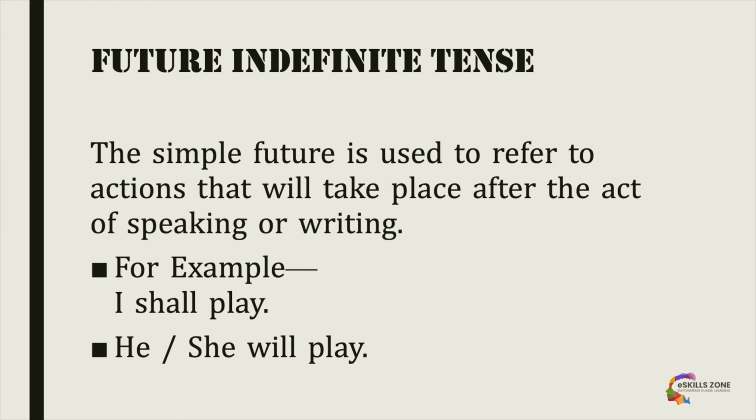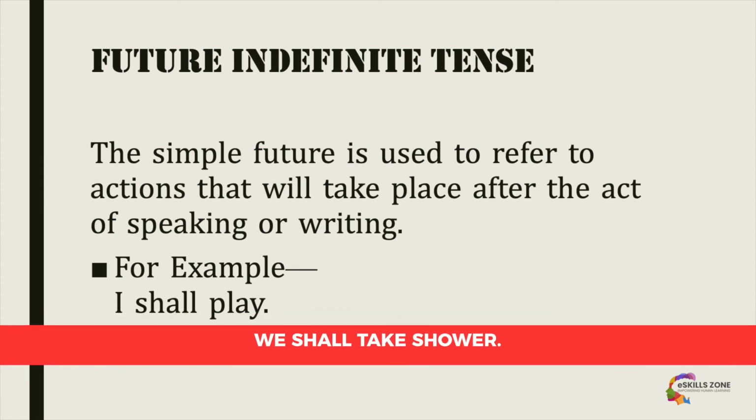Okay, I will request you now to write down one sentence on your notebook or a notepad if you have. And let's see if you have understood this new tense so far. Ready? Okay. We shall take shower. Full stop.